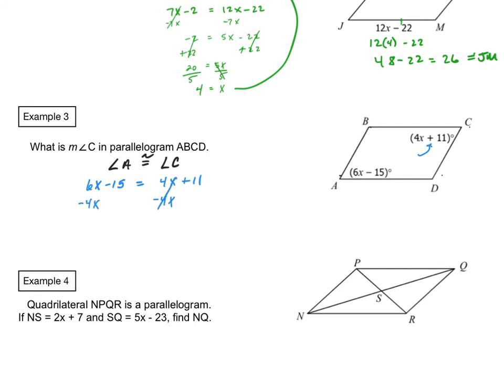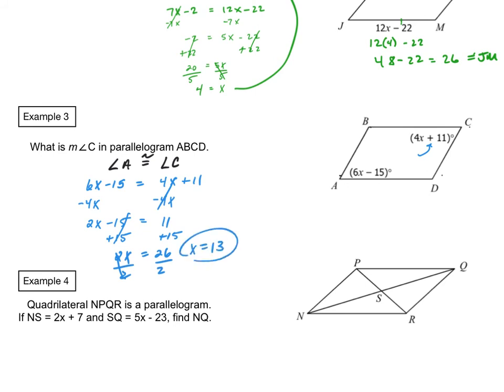6x minus 4x is going to become 2x, so I have 2x minus 15 is equal to, bring down my 11. I'm going to add 15 to both sides, and that is going to be 26 equals 2x. Divide both sides by 2, the coefficient, and x is going to be 13.